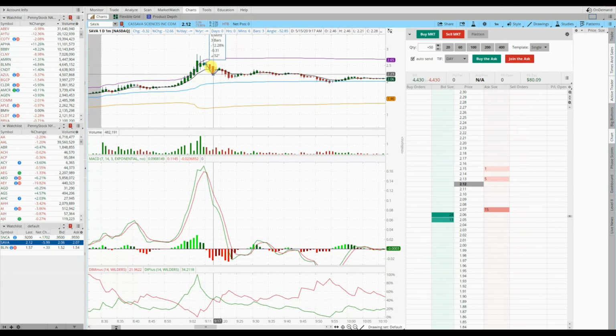I will make a video about risk management and about having a cash account versus having a margin account. What and how you should be trading if you have a small cash account, let's say $1,000 or $500 or less.